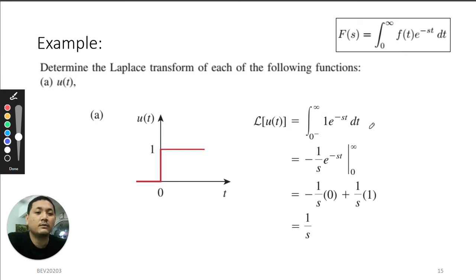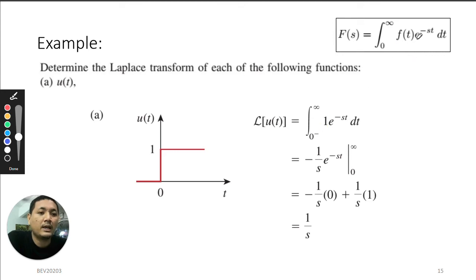In this case, what is f(t)? f(t) is u(t), or just 1, because this u(t) represents from 0 to infinity.